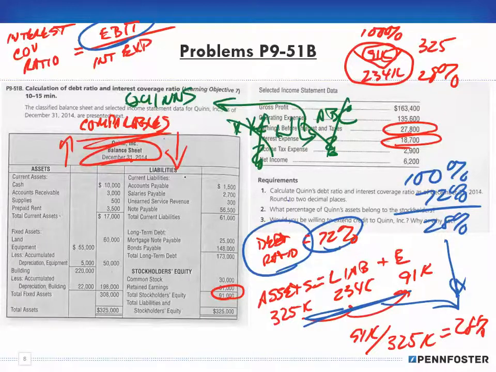So I can't just say I would or I wouldn't invest in Quinn's. I have to look at everything before I make my final decision. So while what the solution says is true, because it's just restating the two ratios and saying most wouldn't, that's not a good enough answer for me, because you don't just take it at face value.